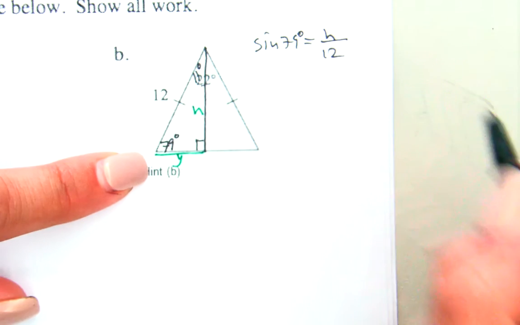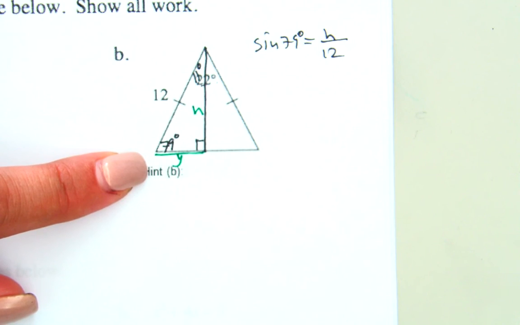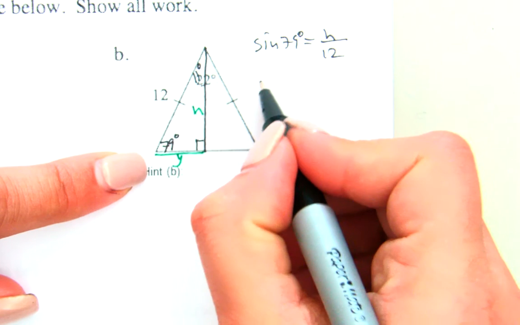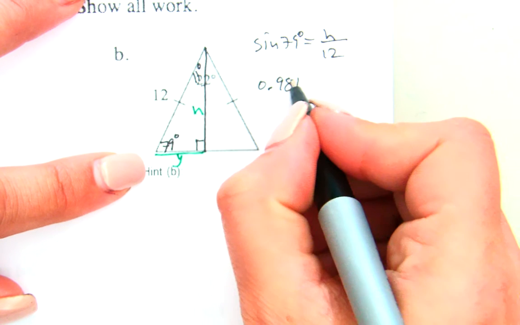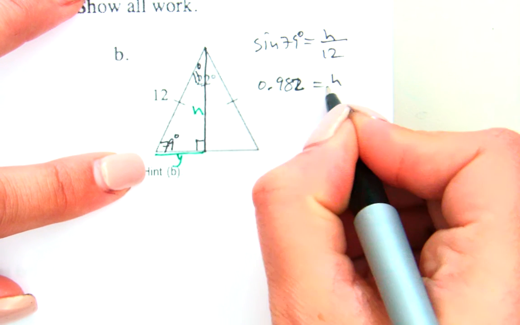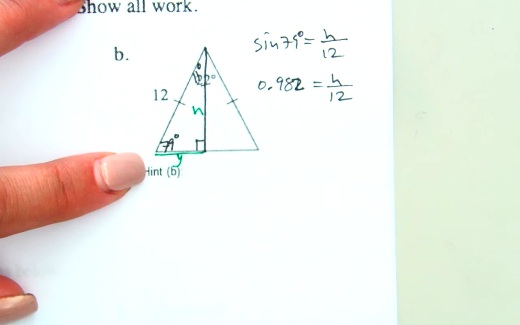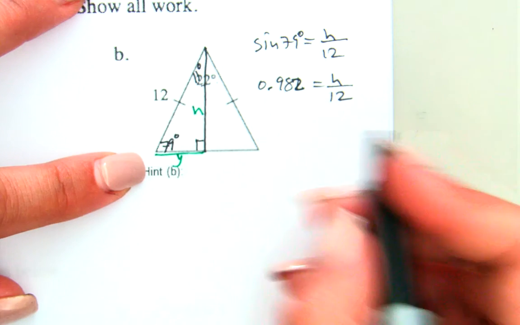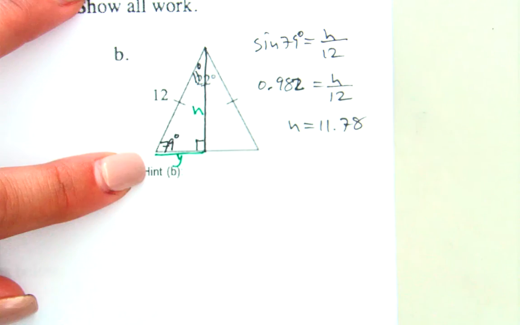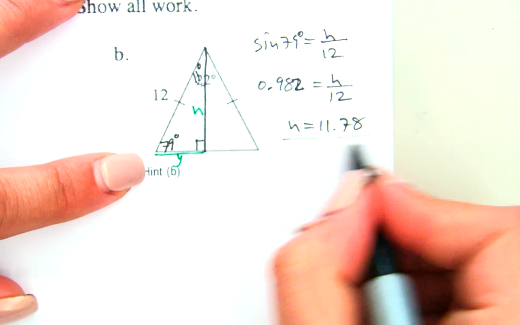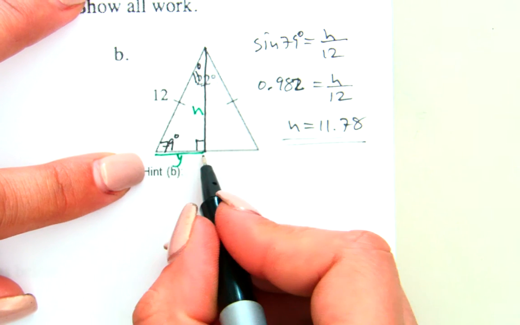Hypotenuse is 12. And sine of 79 degrees is 0.981. Let's just round to 2. Equals h over 12, so times by 12. So the height is 11.78. That's the height.